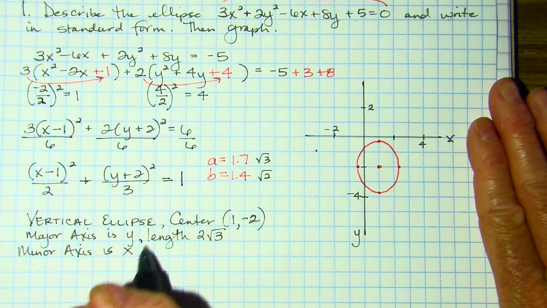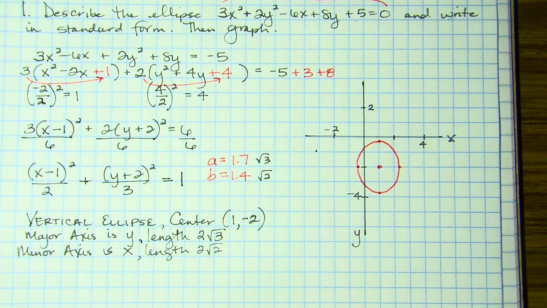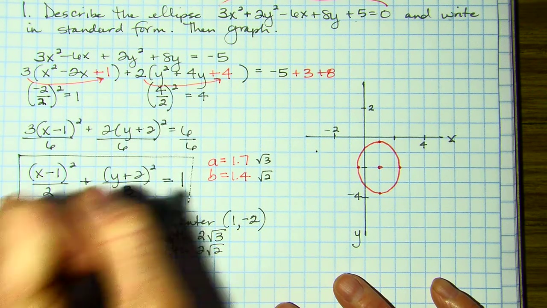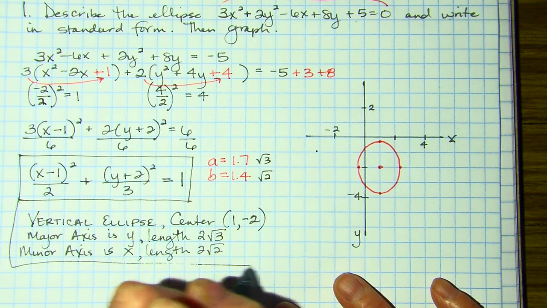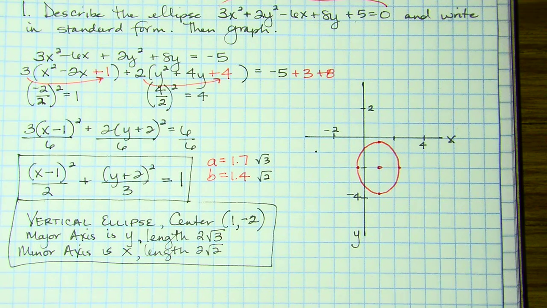So the length is 2 square root of 2. And so we graphed it. So this is part of the answer. This is in standard form. This describes it. And this is my graph. So that is a lot of work, but that's just how it is. So let's do one more.